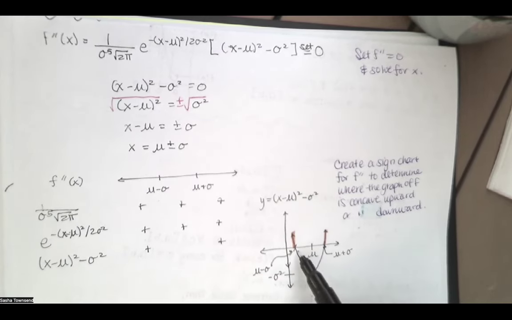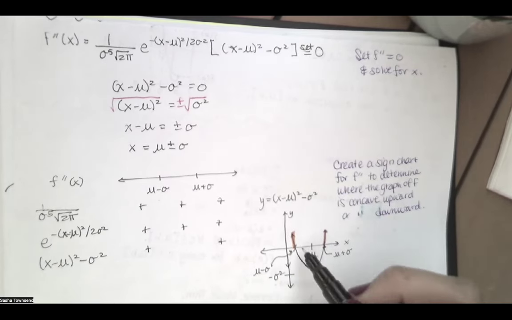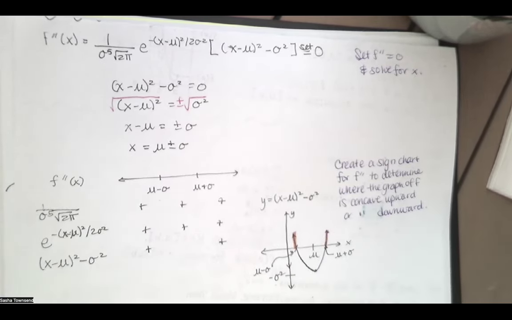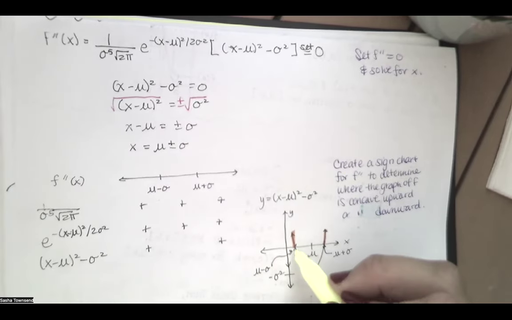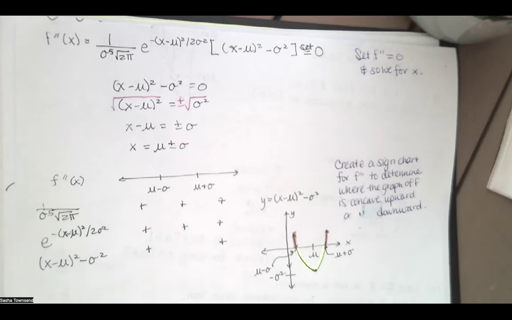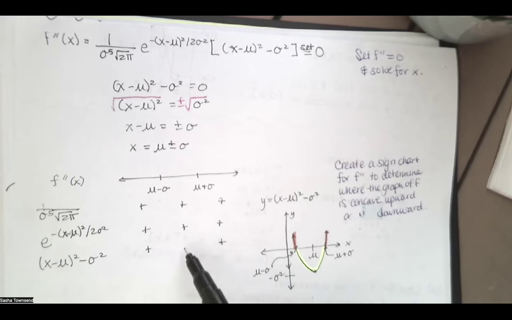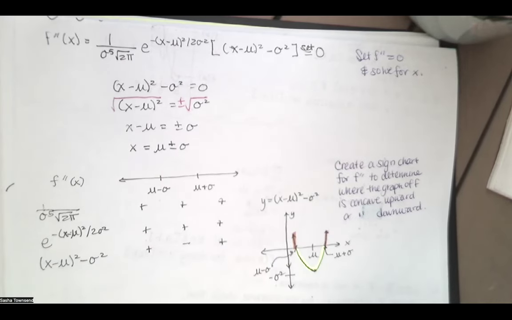And then you say, okay, well, what about in between? Well, obviously, if you read this graph, below the x-axis, the y values are negative. So here is where our y values are negative. So the sign of this factor is positive on this interval, negative on this interval, and positive on that interval.